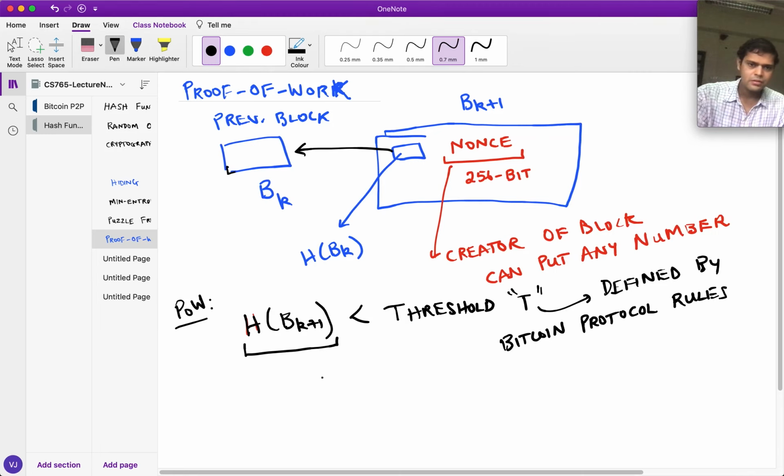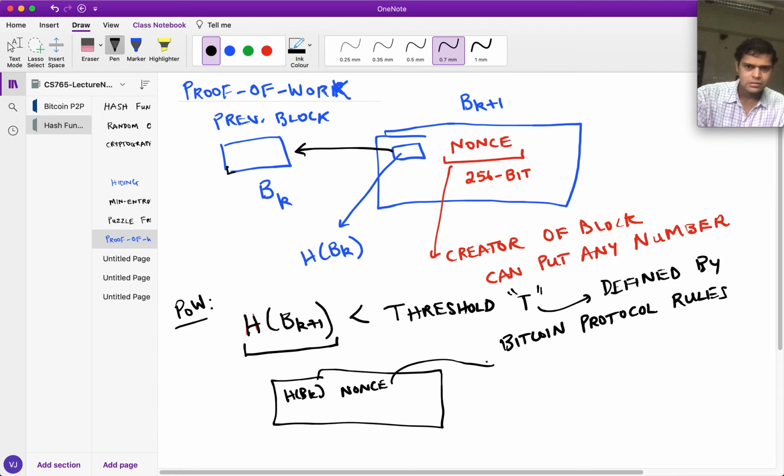Okay, so this is his block. Let's say this is the hash of bk and this is the nonce. And then he essentially tries different nonce values till the hash of this new block is less than the threshold.